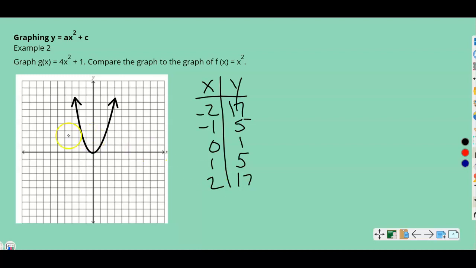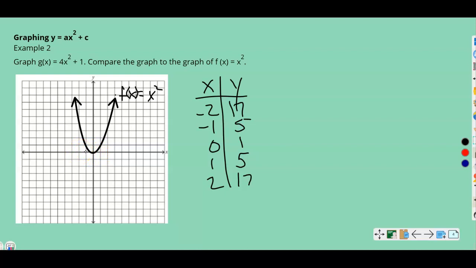Again, we have the parent function already graphed here. I can go ahead and label that. Let's see, f of x equals x squared. All right, now we need to graph some of these points. Let's do our negatives first. -2, 17 is not going to be on the graph.